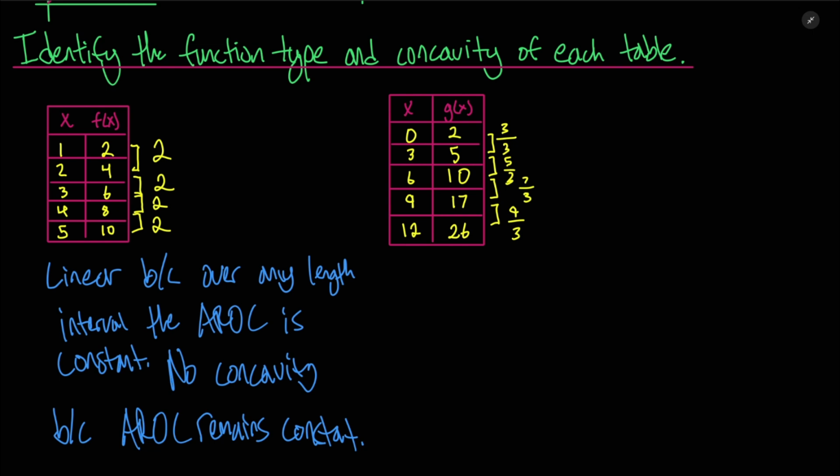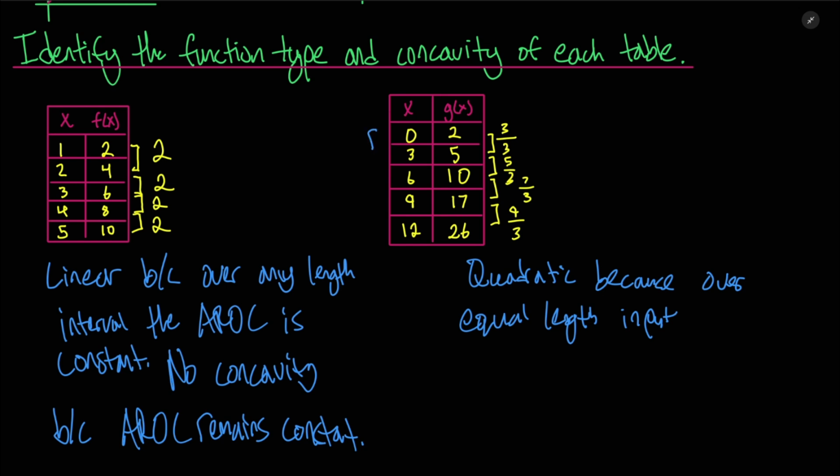So this is actually going to be quadratic, because over equal length input values, because these are all spaced 3 apart, right? So over equal length input values, the average rate of change, and this is something that you ought to pay attention to.